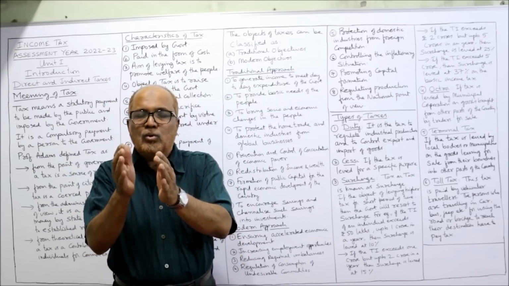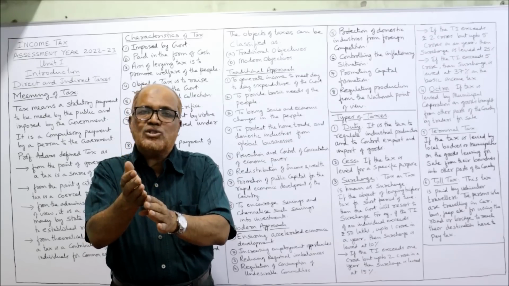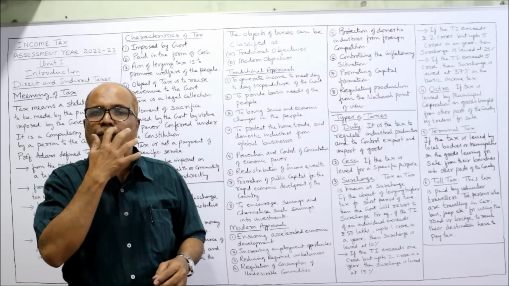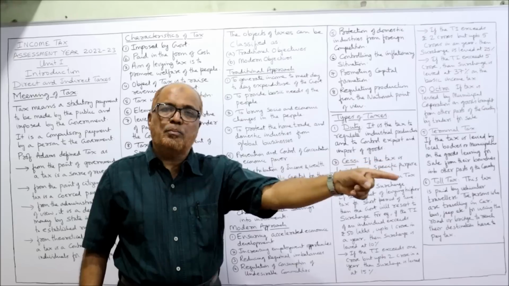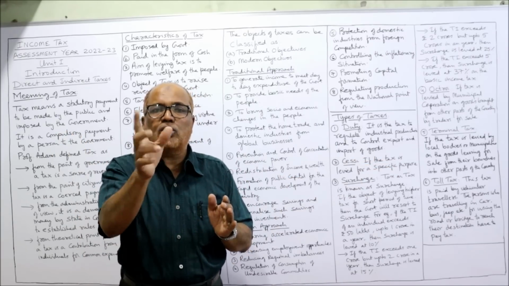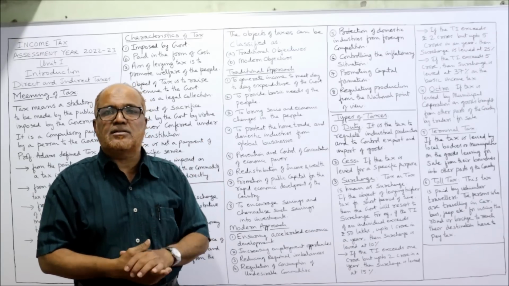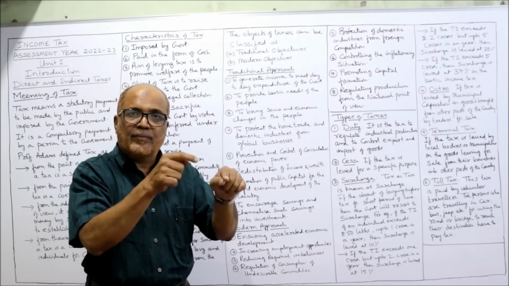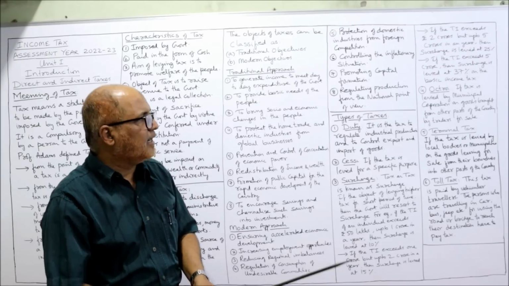The goods are produced in state A, but the goods are being transported from state A to state B. When the goods are entering state B, octroi duty or entry tax will be applied by state B, because the goods produced in state A are entering for sale in state B.